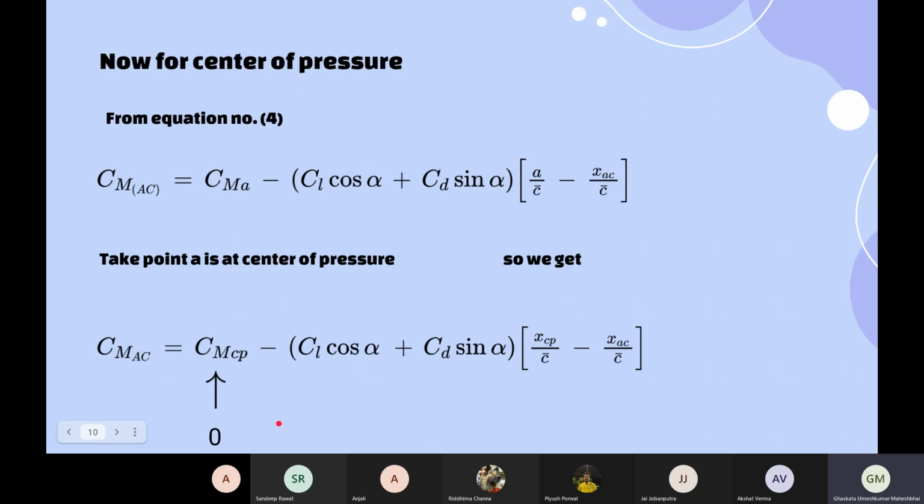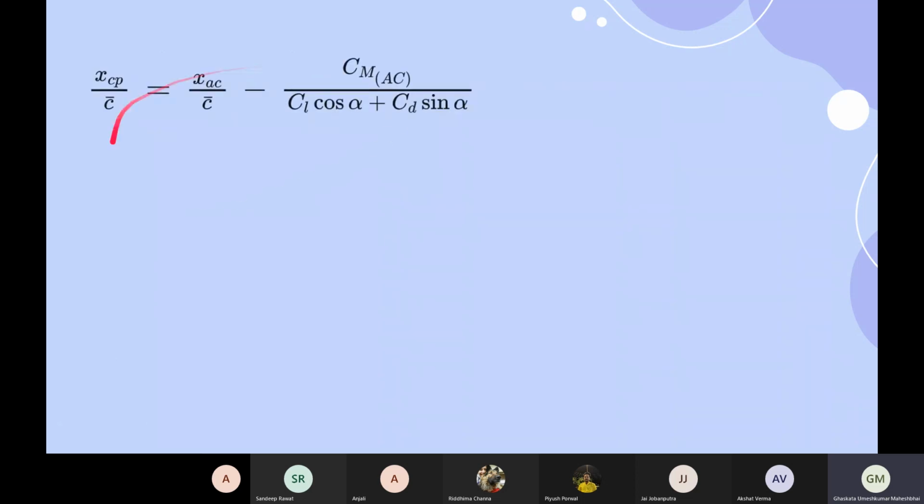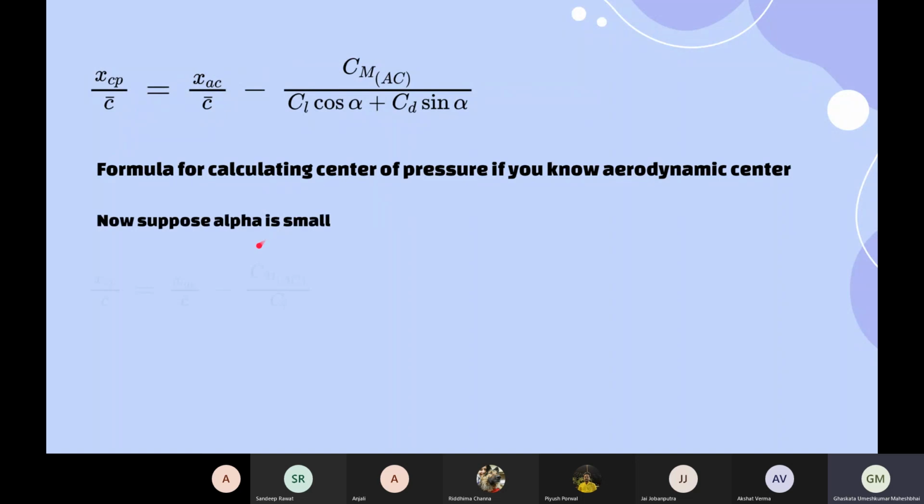Now for the center of pressure, we replace the random point A with the position of the center of pressure from the leading edge, and we know that the moment about the center of pressure is 0. So we put this in the equation, do some mathematical steps, and derive this equation.